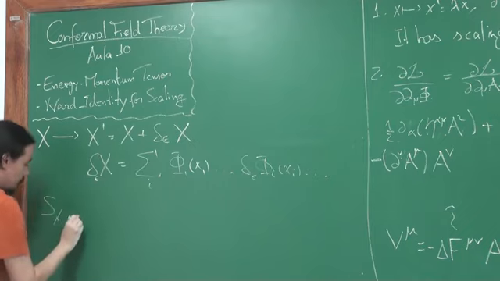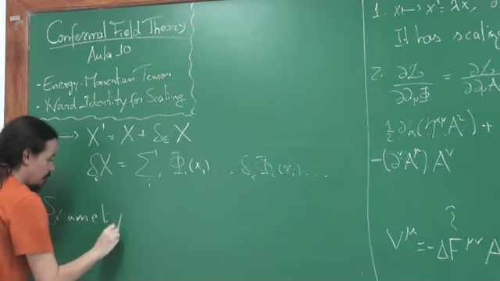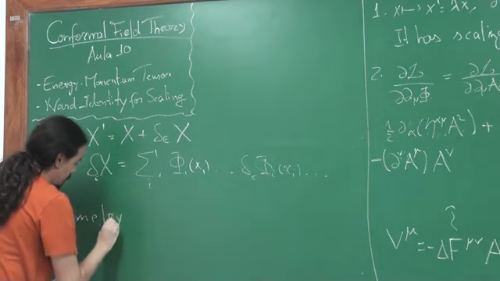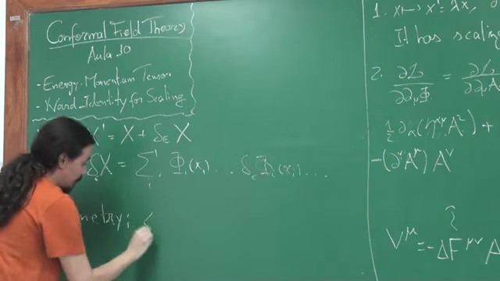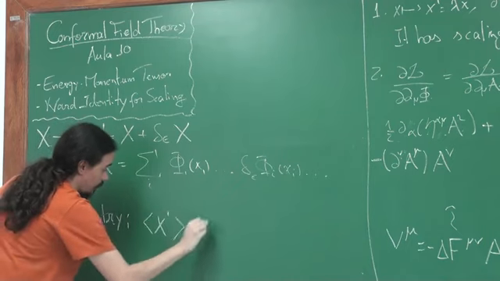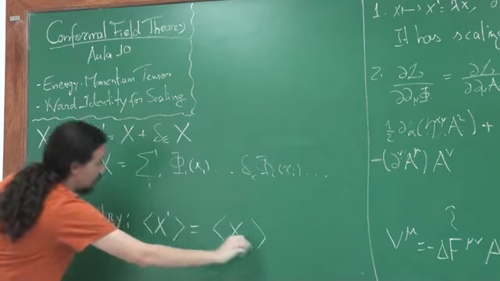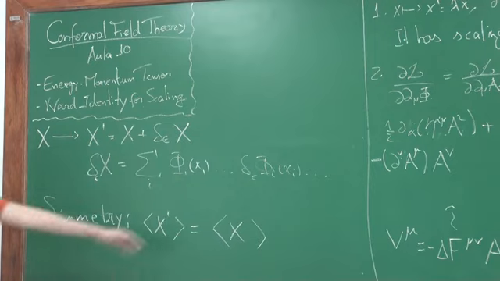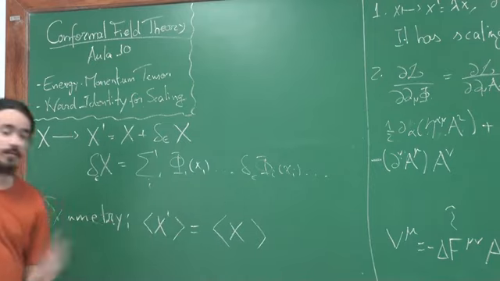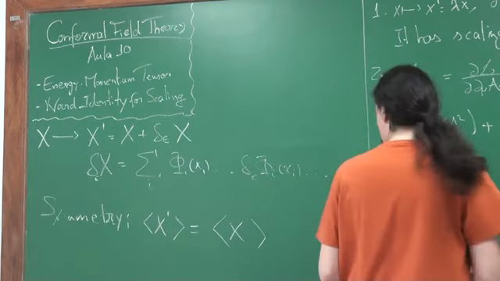And then the symmetry. If it is a symmetry transformation, then it means that this coordinate cannot change. So x prime must be equal to x. The coordinate of x prime must be equal to the coordinate of x. That is just the symmetry statement.